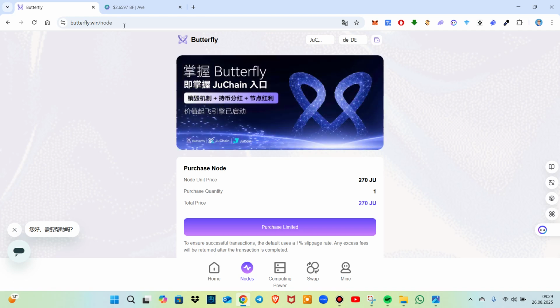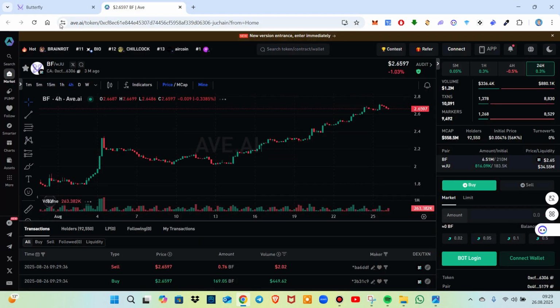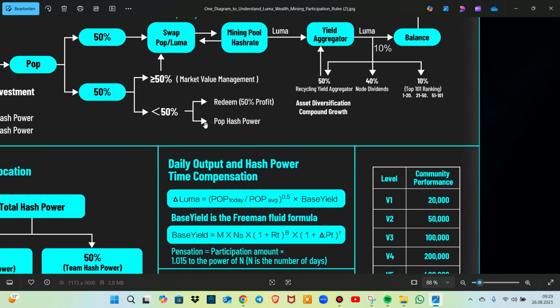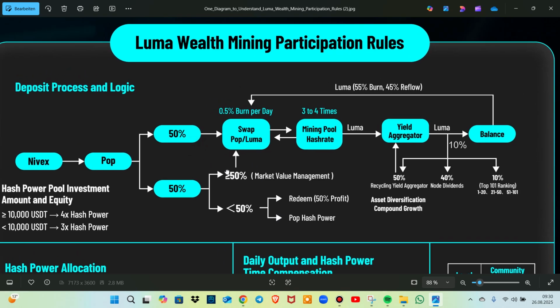And Butterfly is featuring this deflationary token, the Jewel coin, right? And you see that the burning mechanism helps this coin to progress and to grow in value. And Luma will be using a similar strategy, where a lot of burning will be happening.